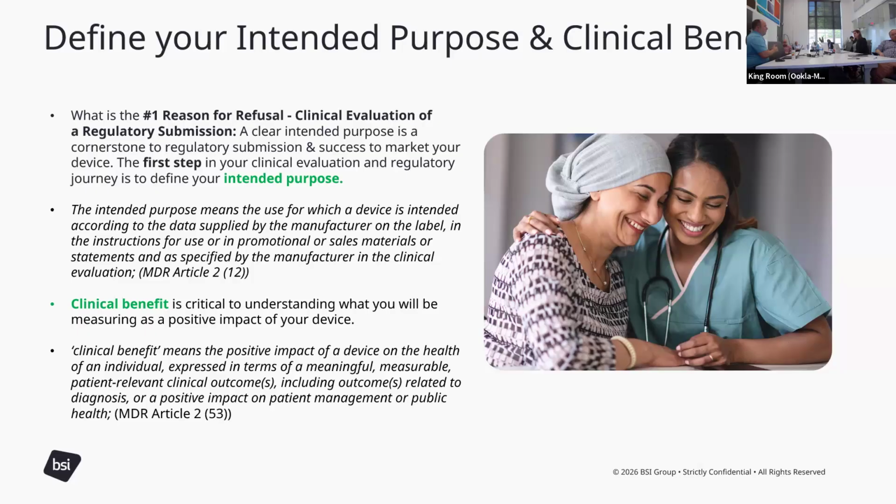So defining your intended purpose and your indications for use really affects both your marketing strategy and your clinical strategy. That's why we think this is one of the most fundamental things that you need to get right early. If you're too aggressive, it can bite you. If you're not aggressive enough, it can bite you.